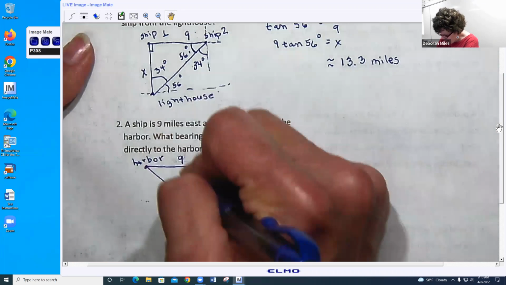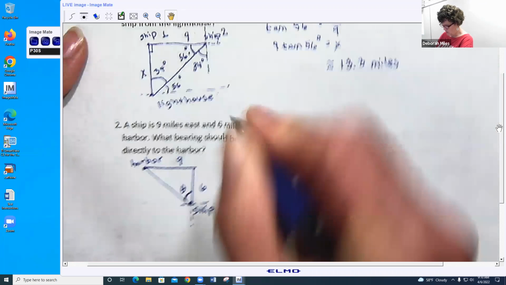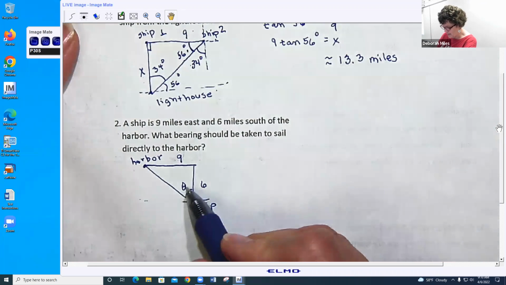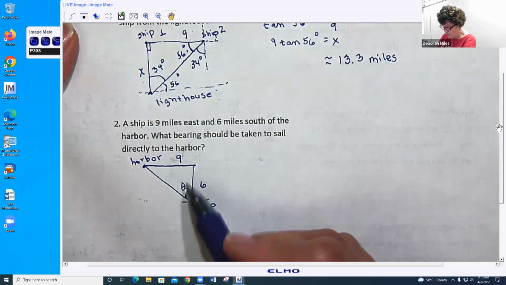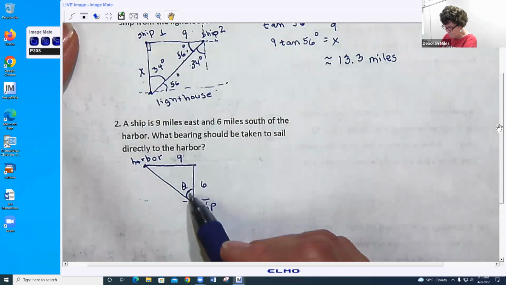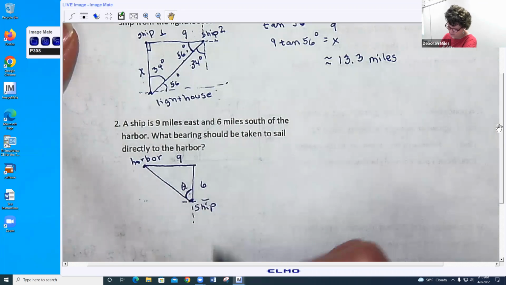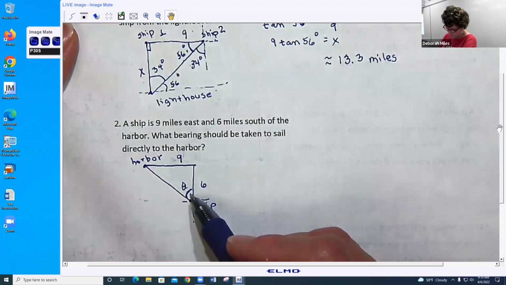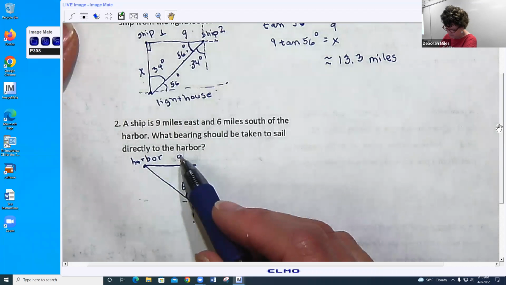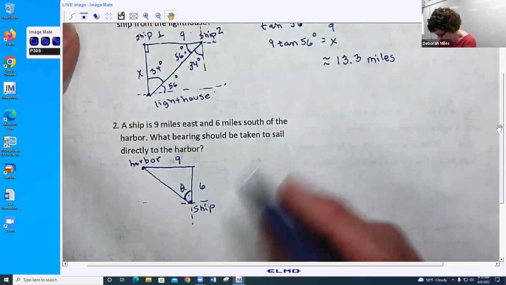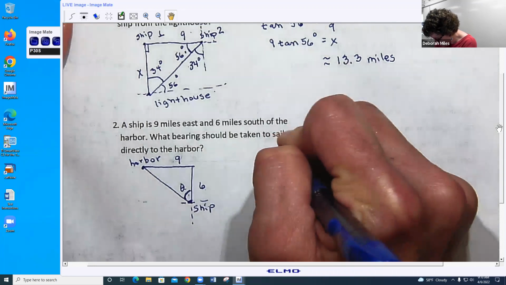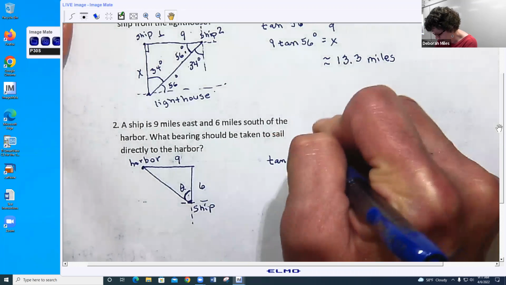So if I call that theta, which trigonometric function of theta would involve the 9 and the 6? 9 is opposite, 6 is adjacent. So tangent theta would be 9/6.